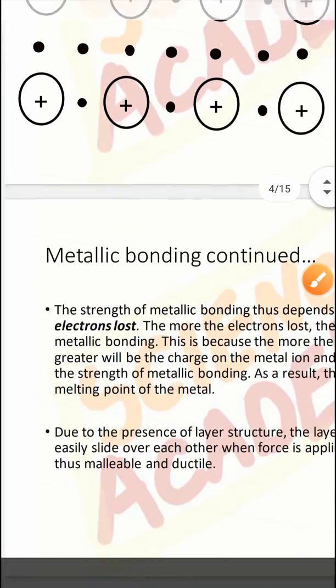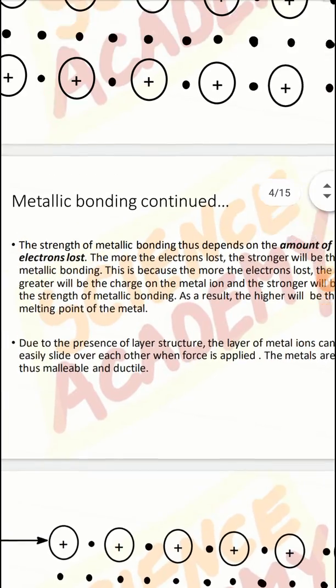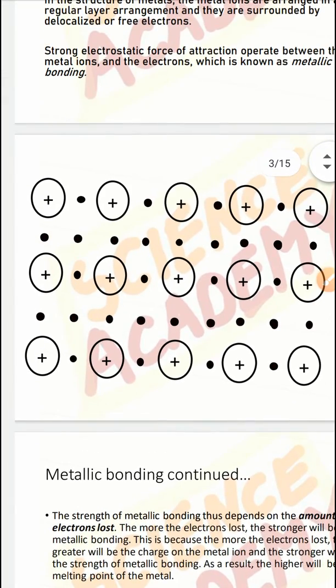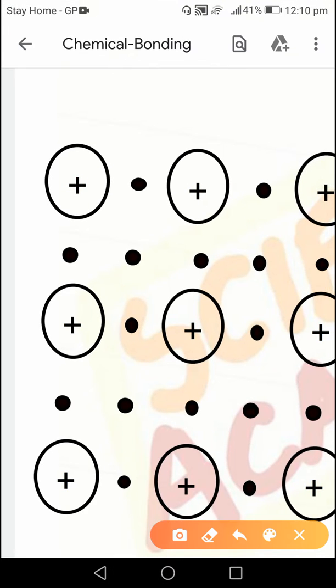Okay, so now the fact is that when you are applying a force on the structure of the metal, what happens is that, look, this layer would slide.